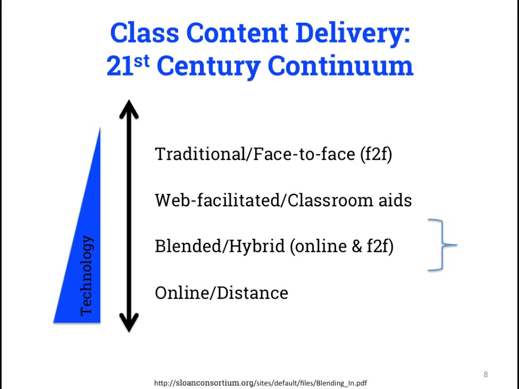And then you have the final end, online or distance learning, where most or all of the content is delivered online. And typically there's little to no face-to-face meetings. But again, the concept of a flipped class within a course could still see itself within each of these course models.